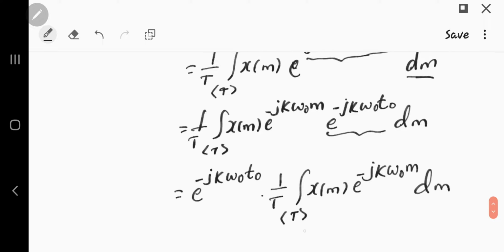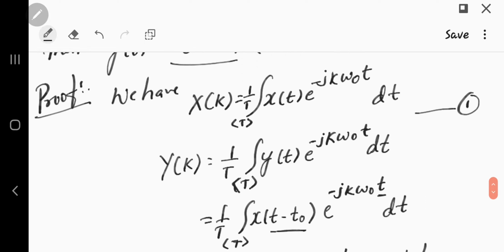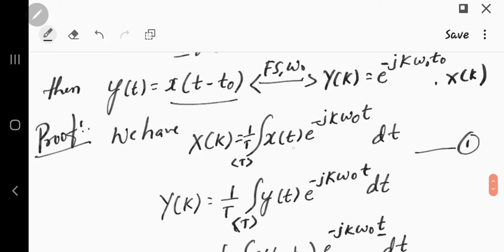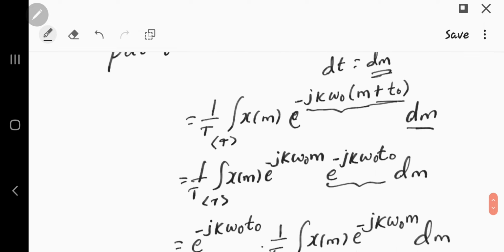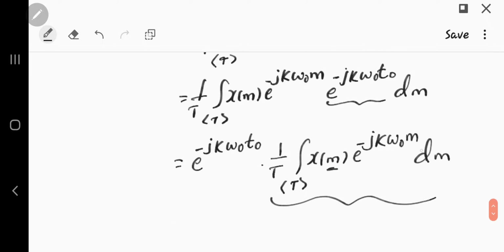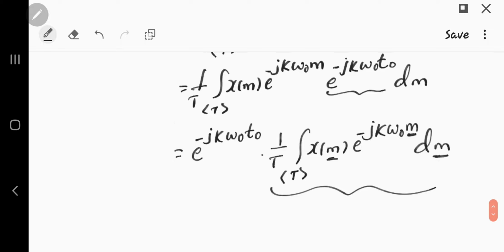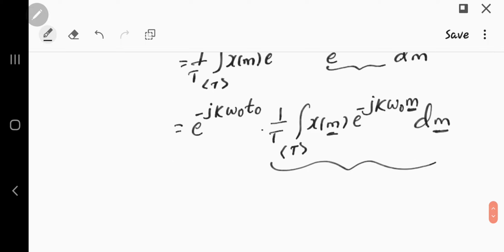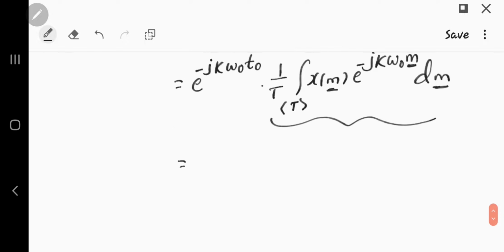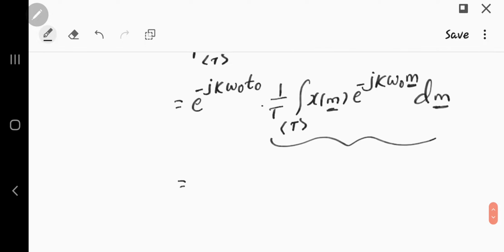So now the second term, you just compare with equation 1. Everything is the same except we have m here, and here we have x of m e power minus j k omega naught m with respect to dm. So that means this expression is nothing but our Fourier series expression here. So that's why we can replace that with x of k.